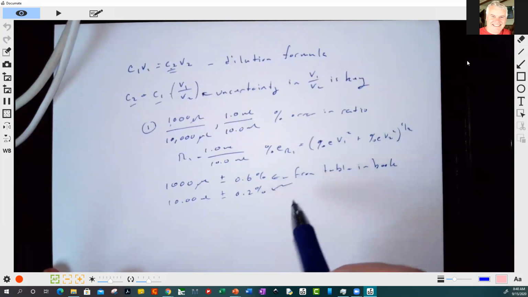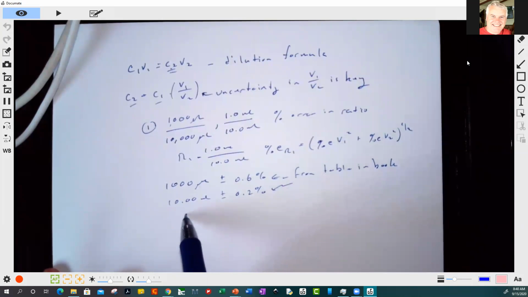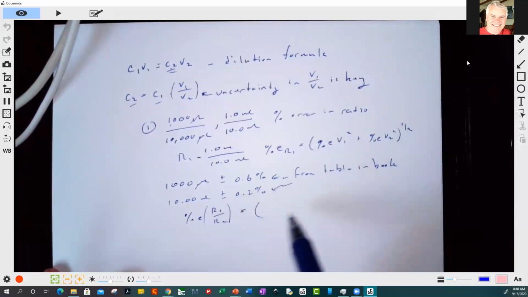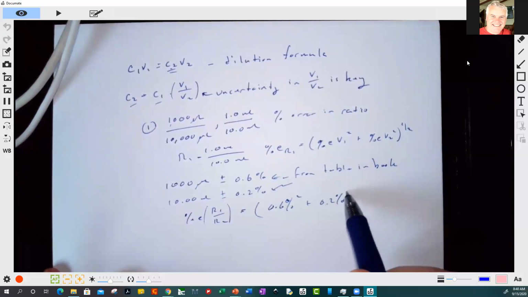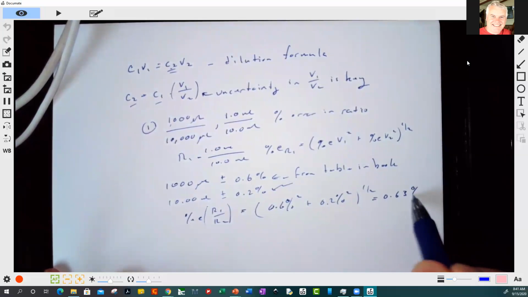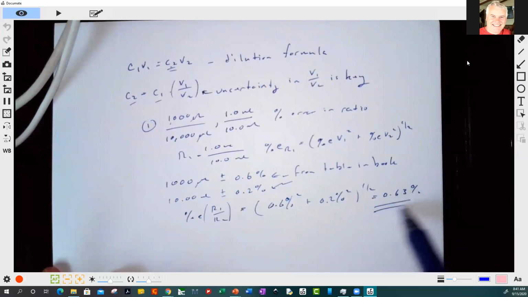So if we add these up, then the percent error in R1 will equal 0.6% squared plus 0.2% squared, square root of that whole thing, which will equal about 0.63%. Right? That's how we would go about solving this.